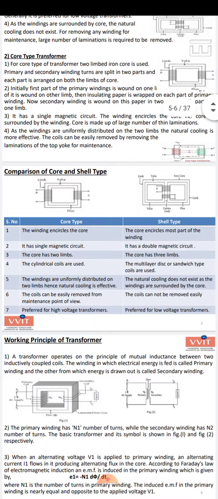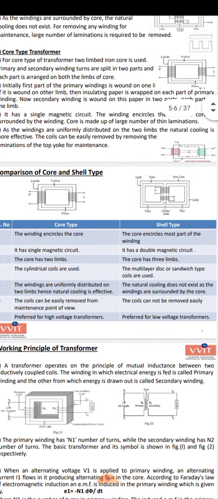Let's see the differences between the core type and the shell type. The winding encircles the core in core type, whereas in shell type the core encircles most part of the winding. In core type it has a single magnetic circuit, whereas in shell type it has a double magnetic circuit.